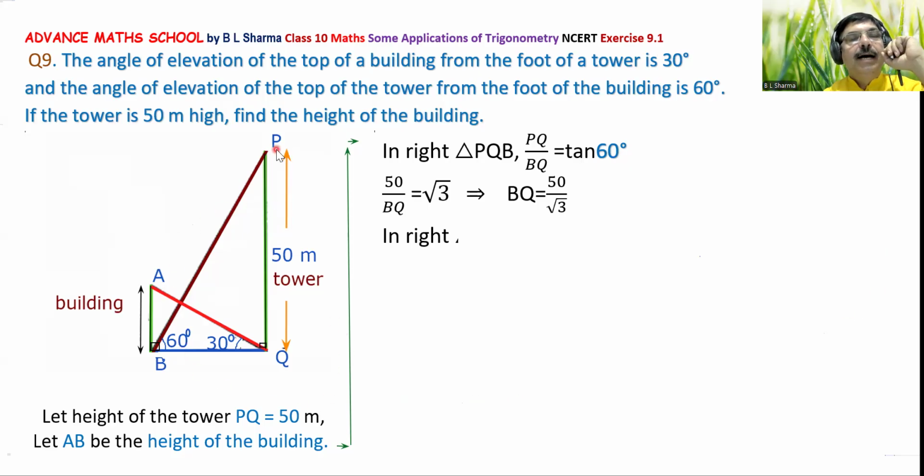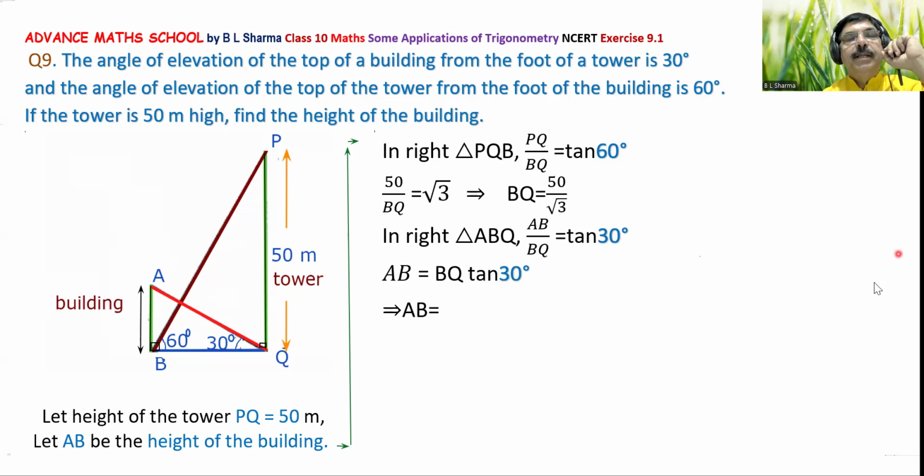Right? Now we will go to right triangle ABQ. In ABQ the acute angle is 30 degree. So for 30 degree in right triangle ABQ, AB upon BQ, for 30 degree, AB is perpendicular and BQ is base, perpendicular upon base, that is tan 30 degree. So AB as it is, BQ as it is, in place of tan 30, you put 1 upon root 3.